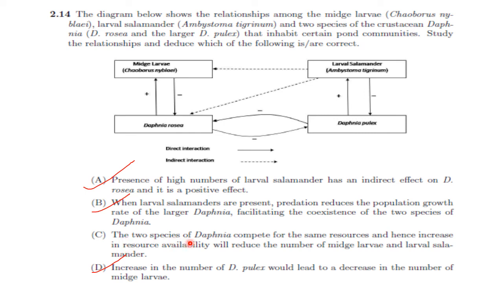Then the two species of Daphnia compete for the same resources, and hence an increase in resource availability will reduce the number of midge larvae and larval salamander.